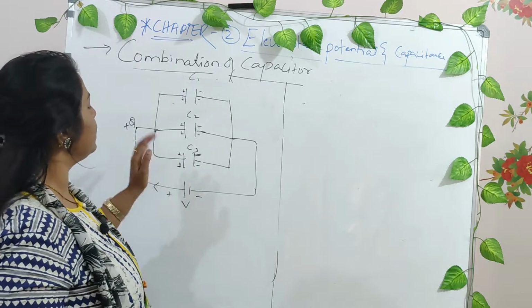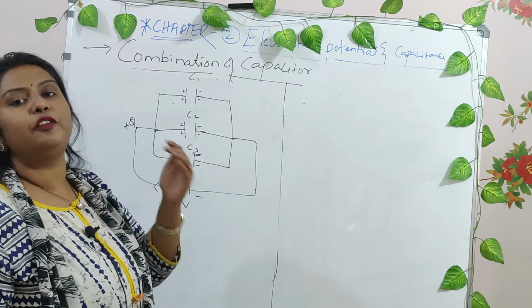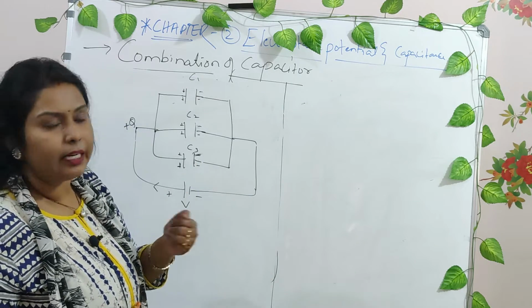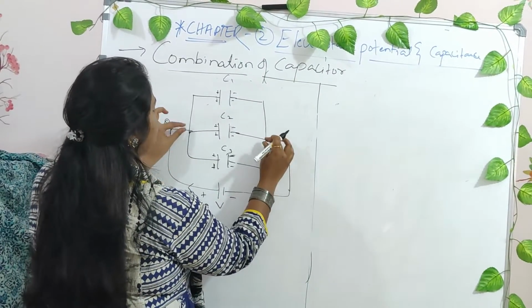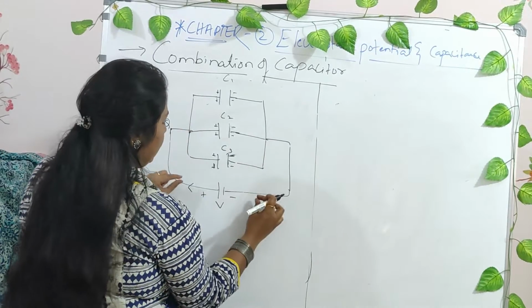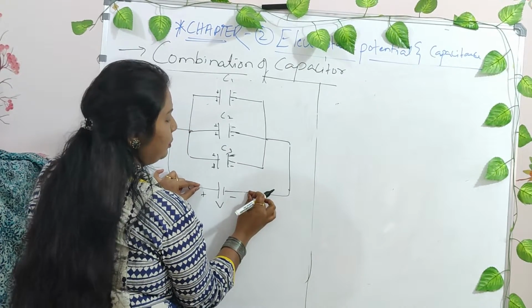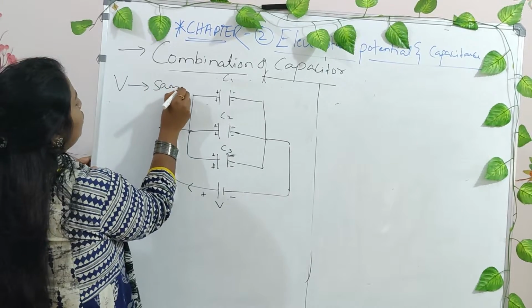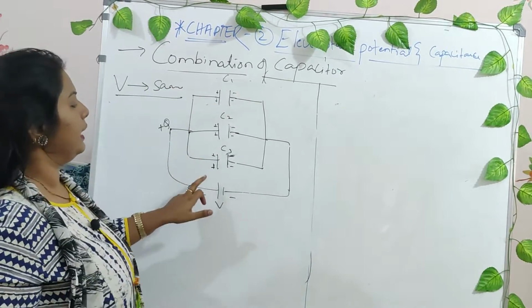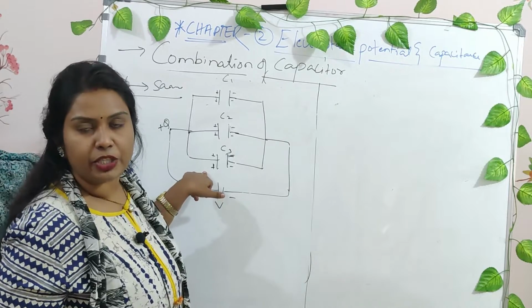Now here what happens, you have the same potential but different amounts of stored charge, right? Why the same potential? Every capacitor is connected to the same positive and negative terminal, and hence the potential will be the same whenever you connect the capacitors in a parallel combination, right?